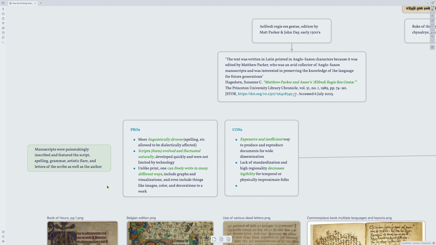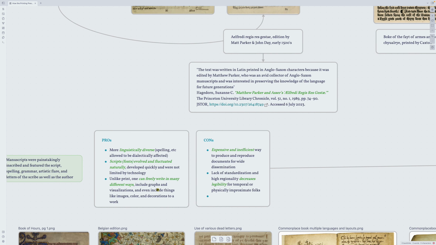Not anybody could make a block of text, whereas any scribe has their own flair and their own regional influences as to how they're going to write their things. And then finally, unlike print, when you're writing and you're a scribe writing a document, you can write paragraphs and paragraphs and paragraphs and then include, kind of similar to this presentation, I guess.